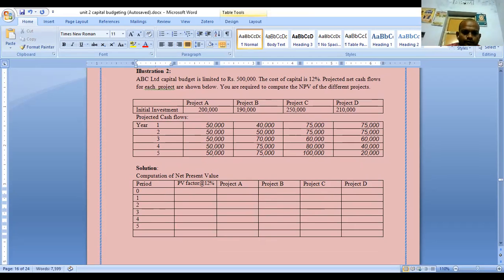The cost of capital is the same for all projects, that is why I am taking the present value factor in the second column. In year 0 the present value factor is 1, so after converting investment into present value by multiplying with the present value factor, the values will be the same.